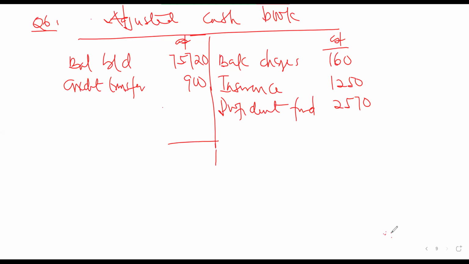So 75,720 plus 900, I'm having 76,620. Balance carried down will be how much? Minus 160, minus 1,250, minus 2,570.